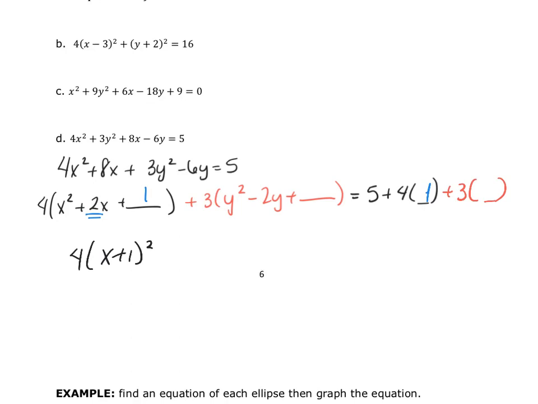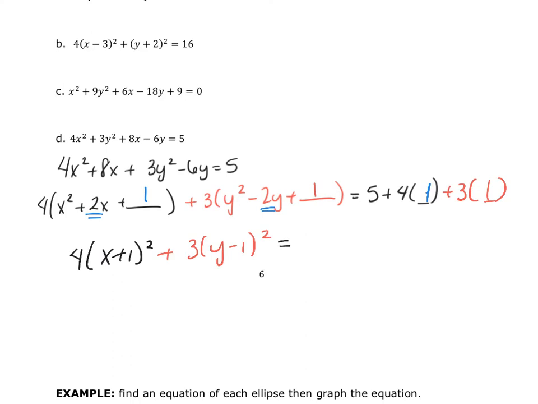What is 2 divided by 2? Square it. So I'm going to take this, divide it by 2, and square it. So I'm going to add 1 here and 1 here. Then this combines down into 3 times y minus 1 squared.